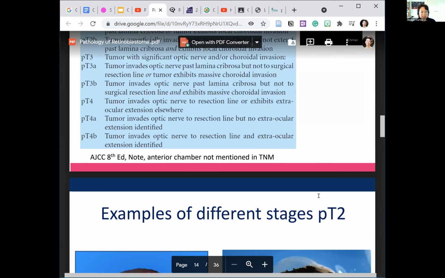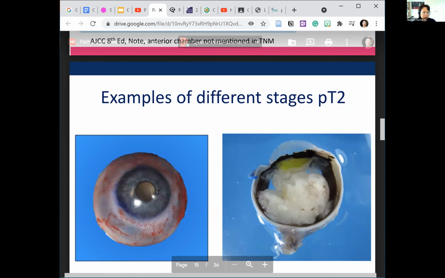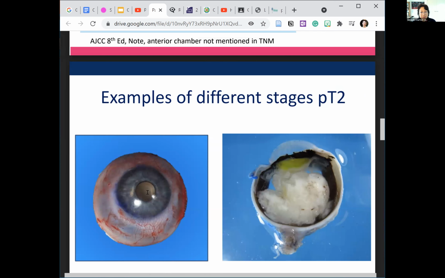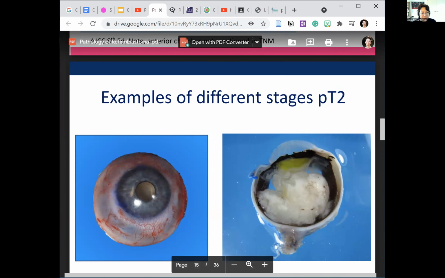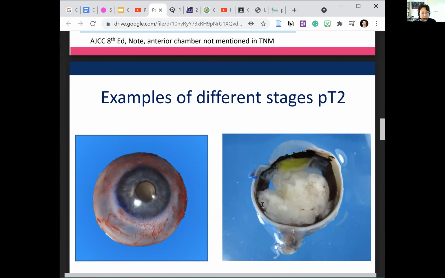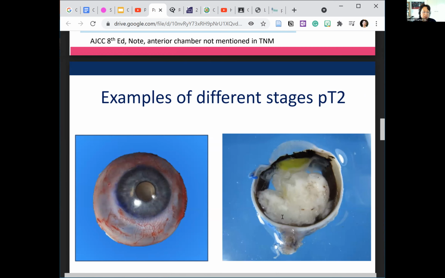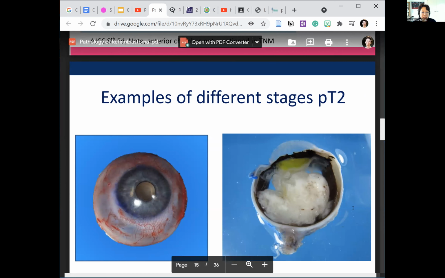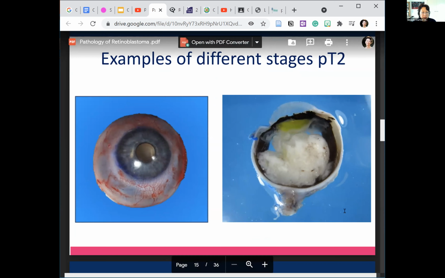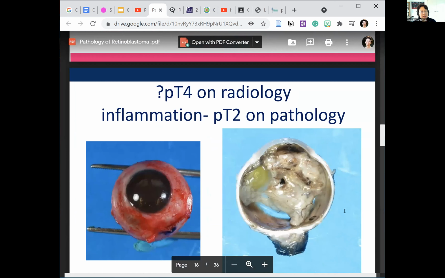So let's look at some different stages. Okay, here we have a white reflex. In this tumor, it has filled the globe, but there was some choroid invasion. So that's a pT2, just a little gallery of collection. Oh, I remember this one on the radiology.